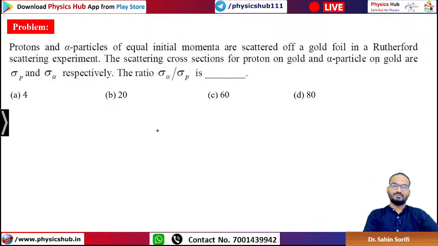The ratio of sigma alpha by sigma p. What is the answer? Simple, na?